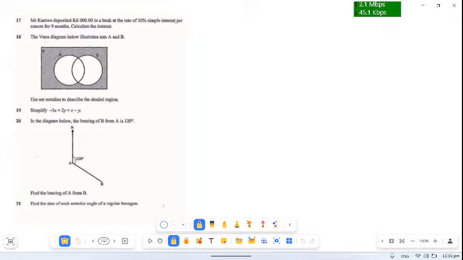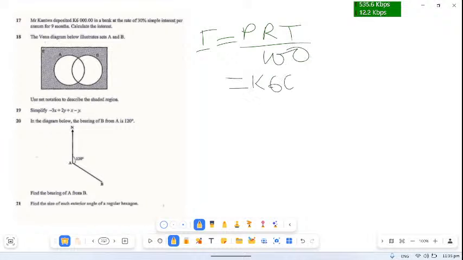So the formula for interest is I is equal to principal times rate times time over 100. So what is the principal? We are told the principal is 6,000 kwacha times rate, that is 30%, then time, that is, we say times 9 over 12.